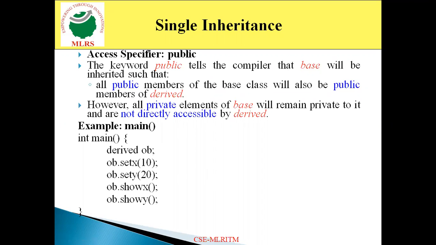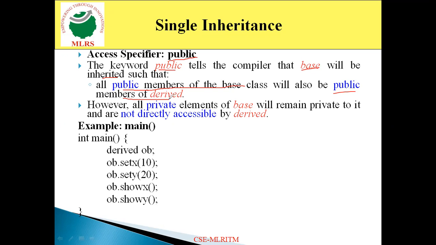Now, how is it going to work? What happens when the access specifier is public and what happens when it is private? Take the first case: we are deriving the derived class in public. When we specify the public keyword, the base class will be inherited in public mode, which indicates that all the public members of the base class will also be public members of the derived class.